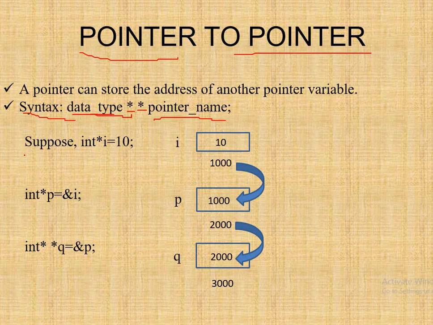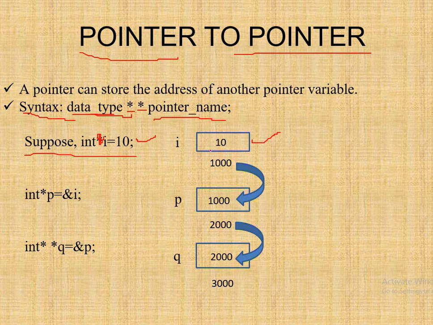Let's see how it works. Suppose we have I as a variable, int I = 10. Basically this is not a pointer variable, this is a simple variable. Here by mistake an asterisk is shown. So this is a normal variable, int I = 10. Whenever we declare any variable, it takes space in the memory.